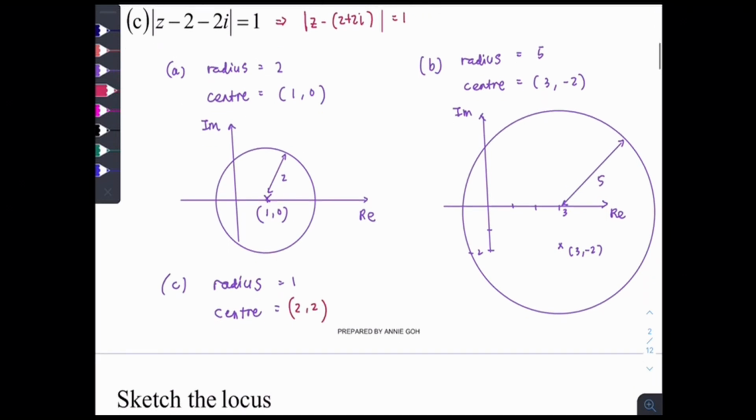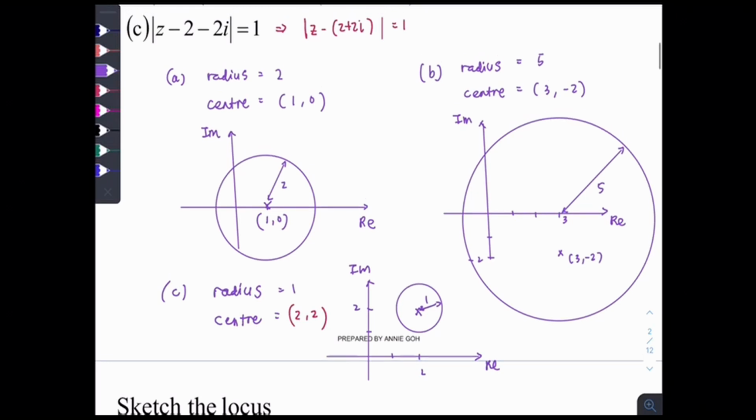So to sketch this, the center is 2 and 2. Here, radius is just a 1.